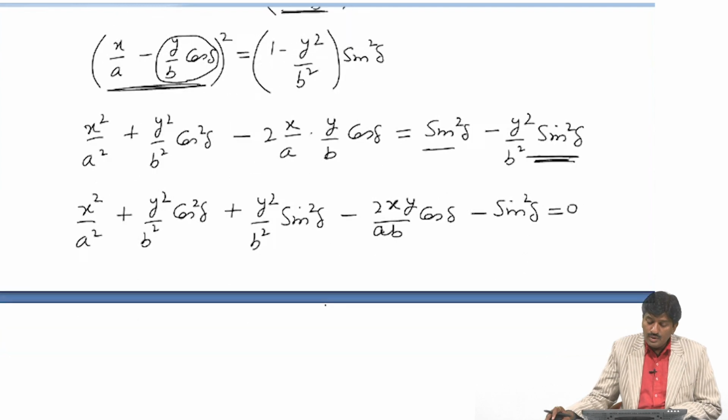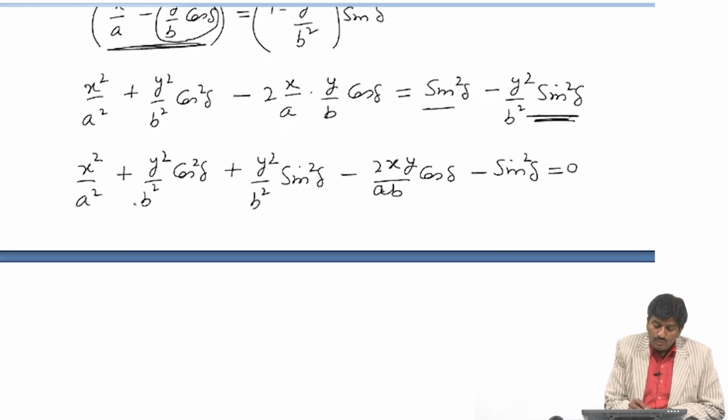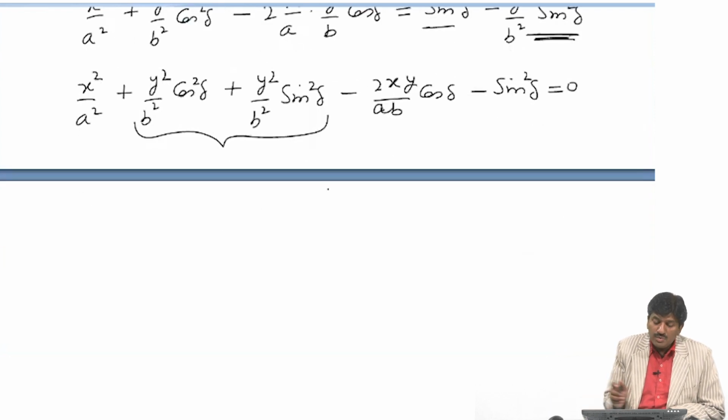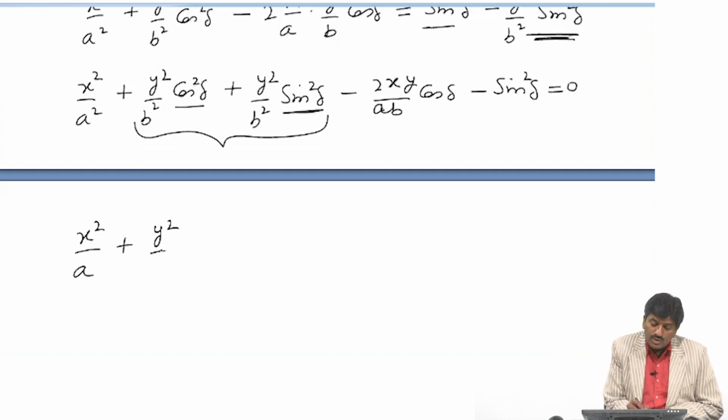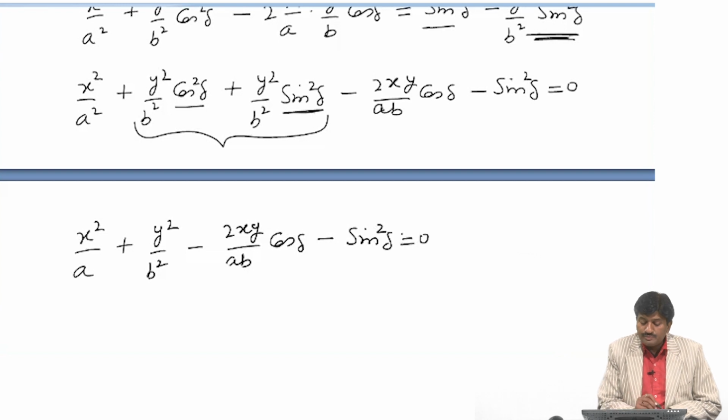And now, if we take y square upon b square common in these two terms, it becomes x square upon a square plus y square upon b square times cos square delta plus sin square delta, and it should be 1, so it becomes y square upon b square minus twice x y upon a b cos delta minus sin square delta equal to 0.